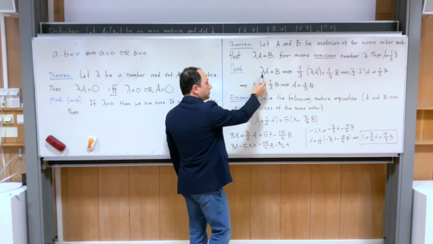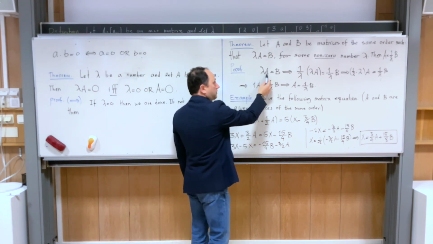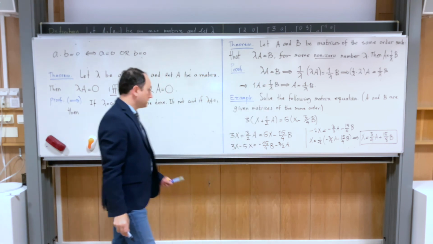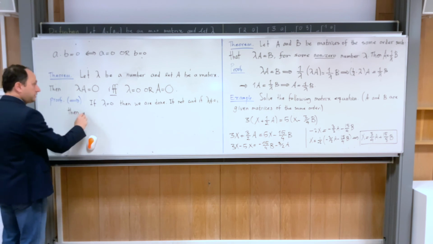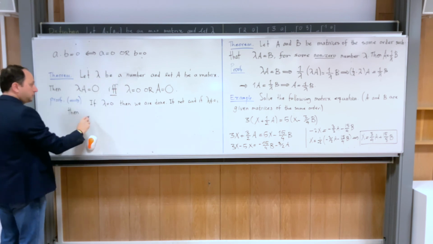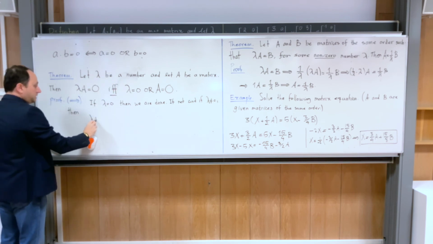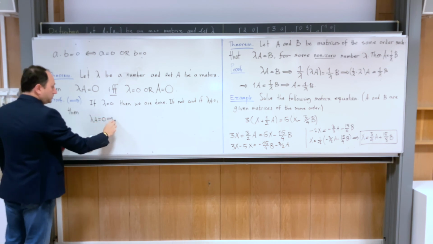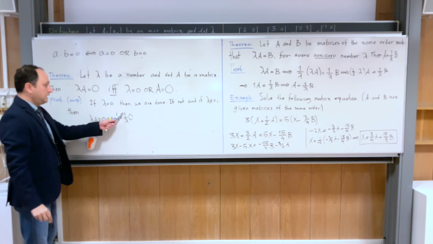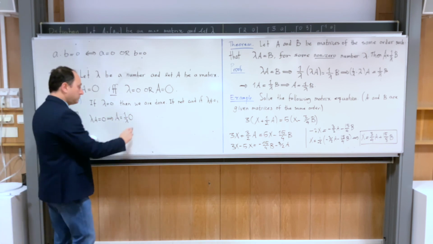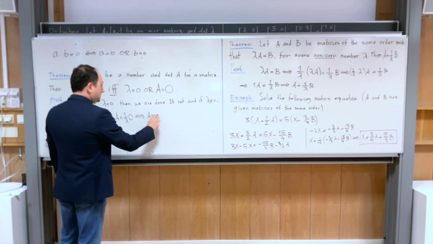If I have a non-zero number times a matrix equal to a matrix, this matrix is 1 over lambda times that matrix. This is crucial. So based on the previous theorem, since lambda A is equal to 0, I can conclude that A is equal to 1 over lambda times 0, but any number multiplied by the 0 matrix is the 0 matrix, so it means that A is equal to 0.